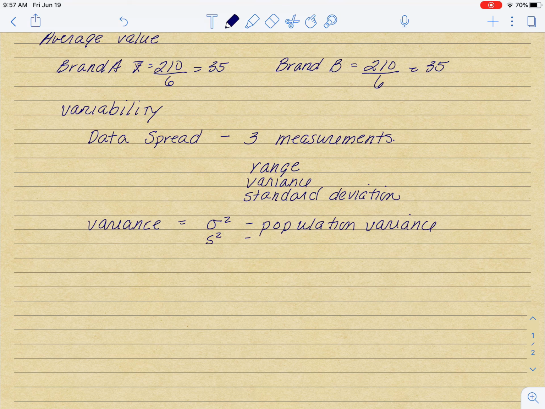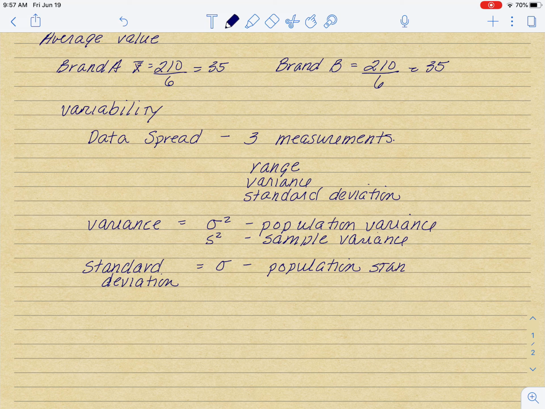S squared is the sample variance. Standard deviation is related to variance in that it is the square root of variance. So its variable is sigma for population standard deviation. Sorry, this symbol is sigma, and S for sample standard deviation.